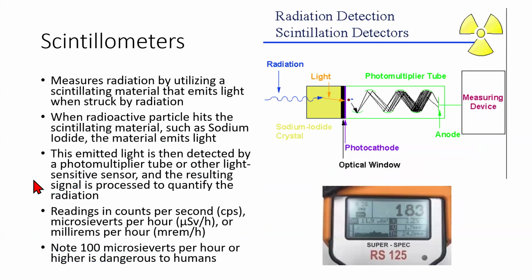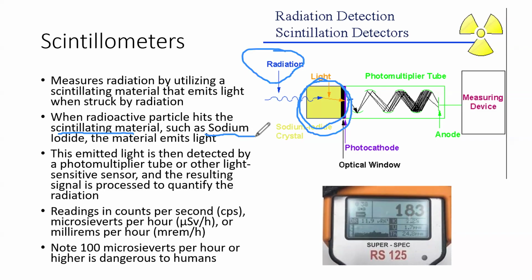The next one is your scintillometer. The principle is quite similar to the Geiger counter, but instead of sound, you actually have a crystal here which reacts with radioactive particles. This crystal is what we call a scintillating material.